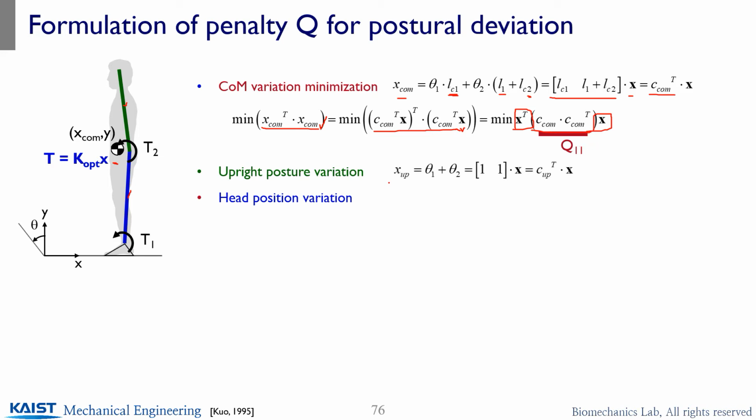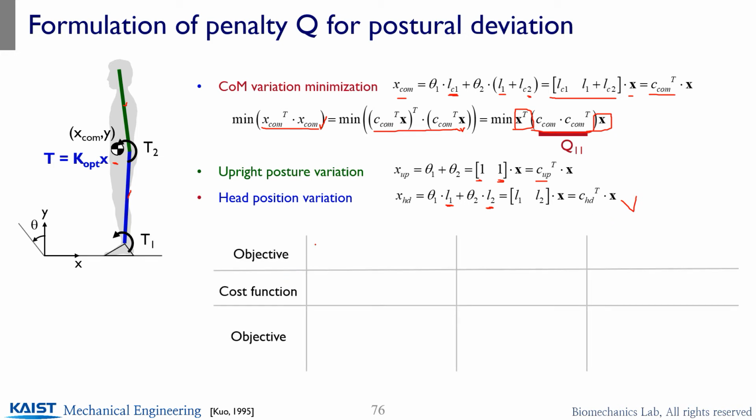In a similar manner, if I want to minimize the upright posture, it is just a simple summation of theta 1 and theta 2, so one value so that you can calculate C up. Or in a similar manner, you can minimize head position. Head position is multiplied by the theta and the leg length, okay, body segment length, and then you can multiply them to figure out the head position.